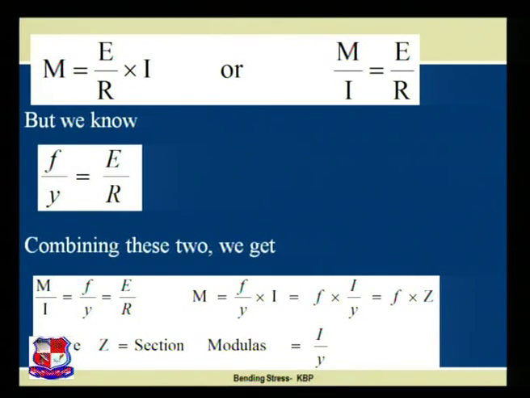Therefore, if we rearrange the terms, we get an equation M over I is equal to E over R. But we already know from the previous equation that E over R is equal to F over Y. So combining these two terms, we get M over I is equal to F over Y is equal to E over R. I will repeat once again: M over I is equal to F over Y is equal to E over R. This equation is known as the bending equation.